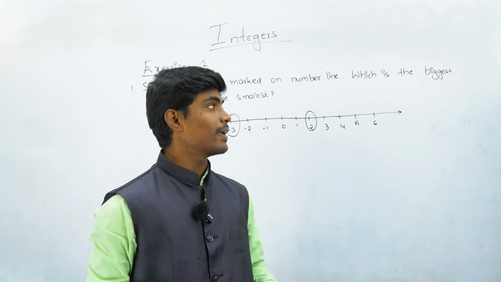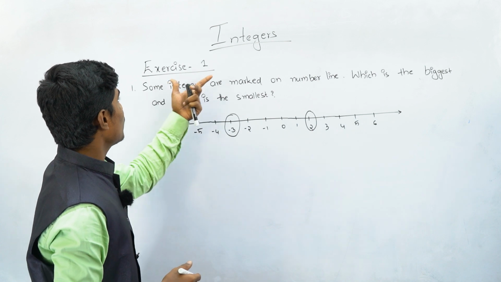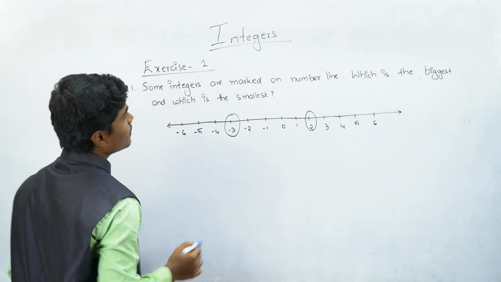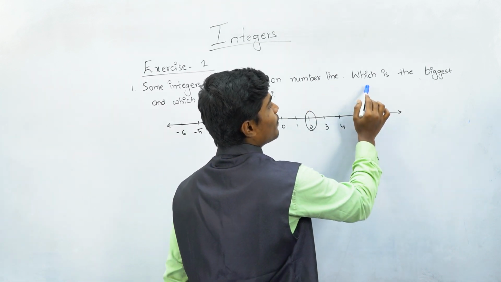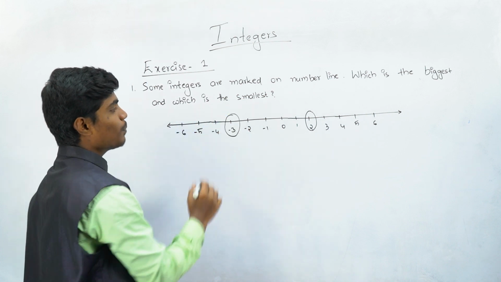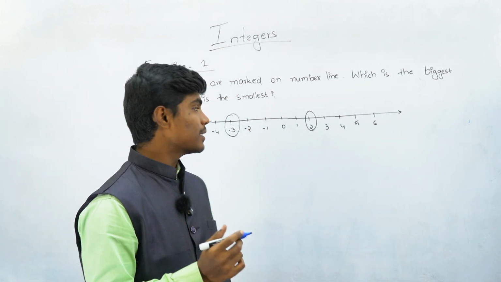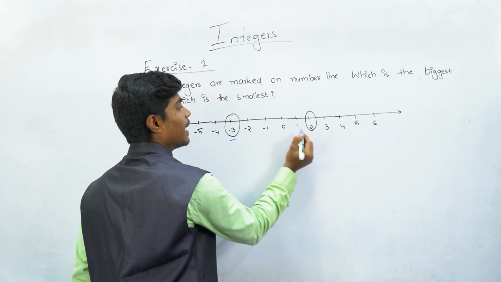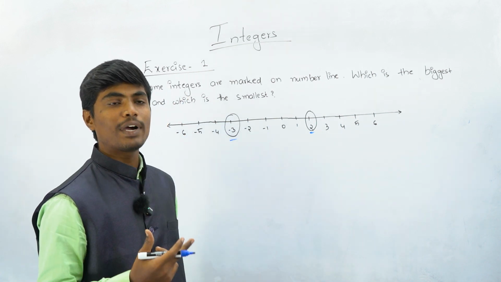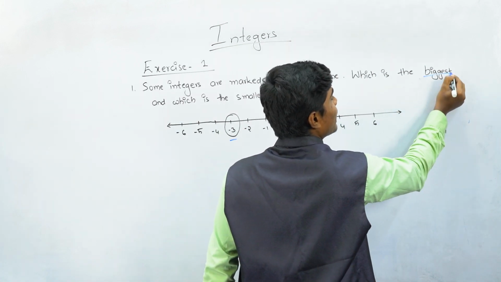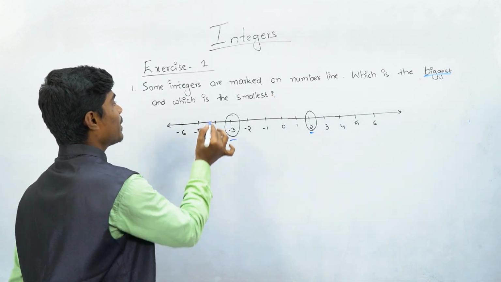Now let's start the exercise. In exercise 1, first problem: some integers are marked on the number line, which is the biggest and which is the smallest? Here a number line is given and two numbers are marked, -3 and 2, and we have to find out which number is the biggest and which is the smallest.